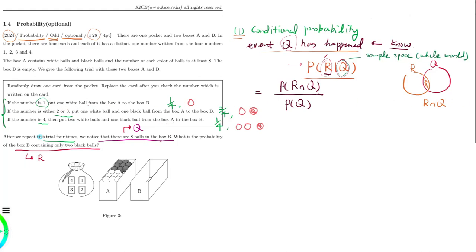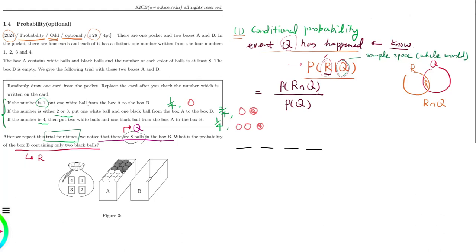And then after a fourth trial of this one, let's say we have 4 trials, 1, 2, 3, and 4. What's the case that we have 8 balls in the box B here?